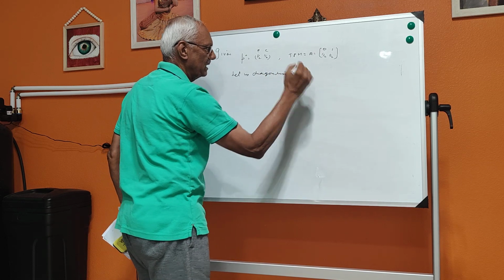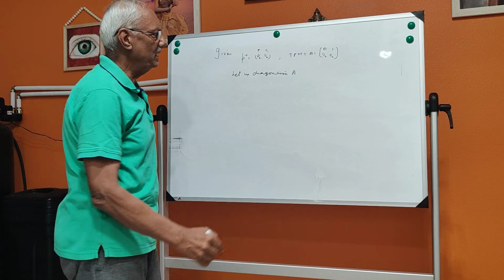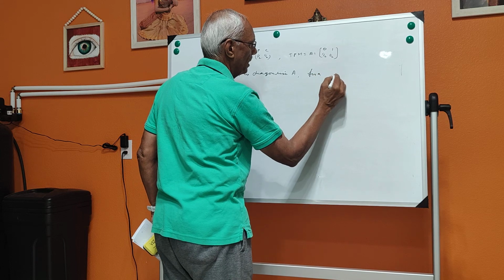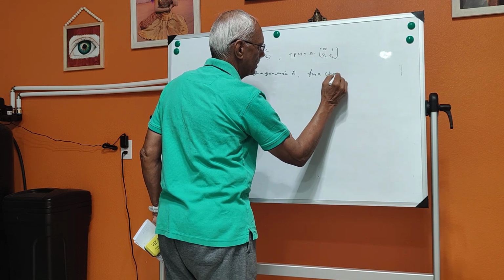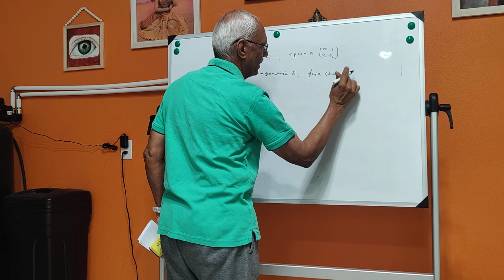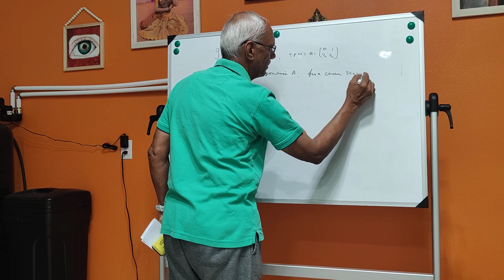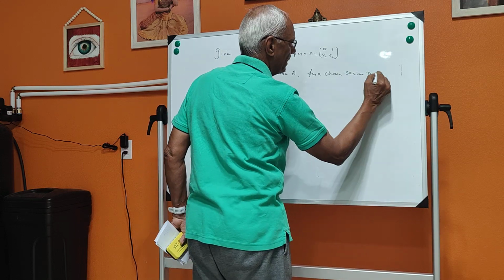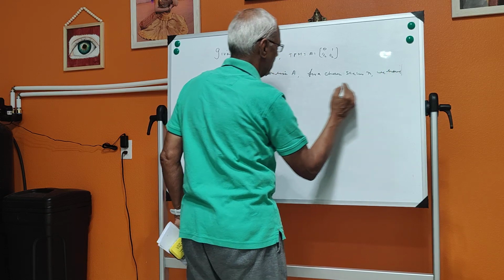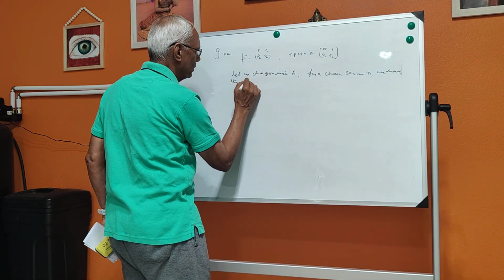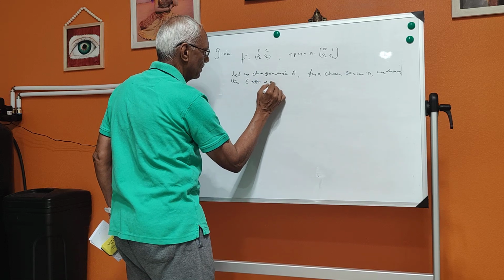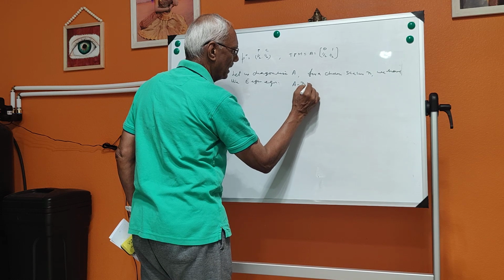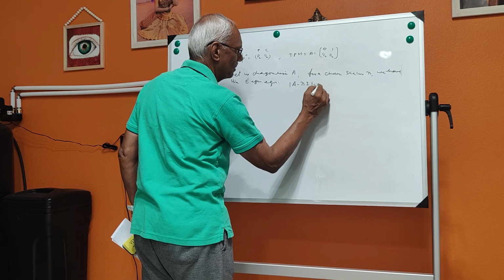So let me diagonalize A. How do you diagonalize A? For a chosen scalar lambda, we have the eigenequation: the determinant of A minus lambda I is equal to 0.